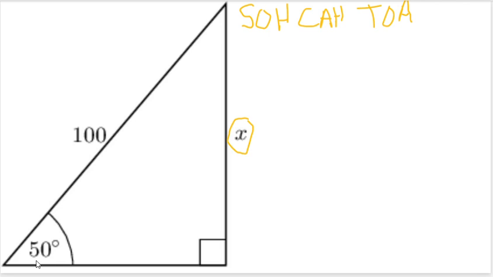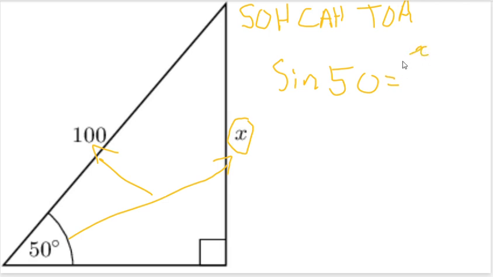Now, we have to see everything that we have. We can see that we have opposite and hypotenuse, so we're dealing with opposite over hypotenuse. The way we deal with that is sine 50 equals opposite x all over 100.